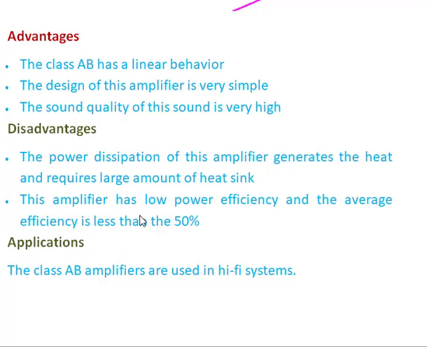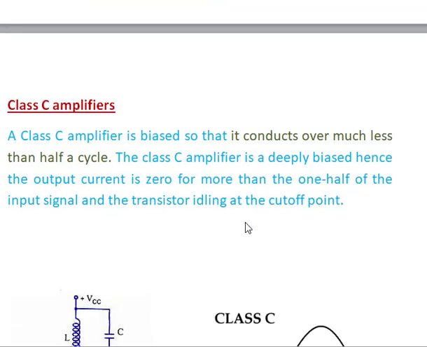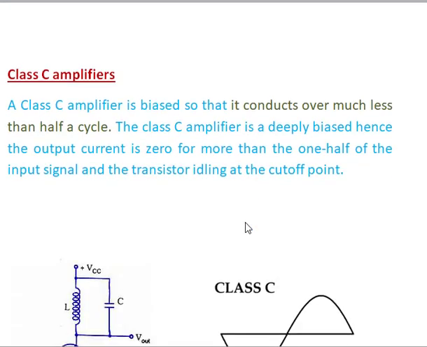The application of the AB amplifier: it is used in hi-fi audio systems. Next we go to class C type amplifier. This type of amplifier conducts for much less than half of the cycle of the input.